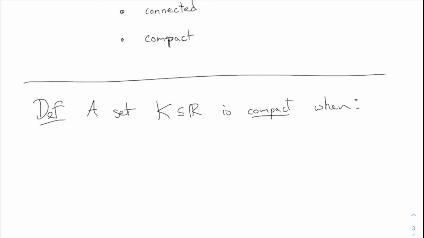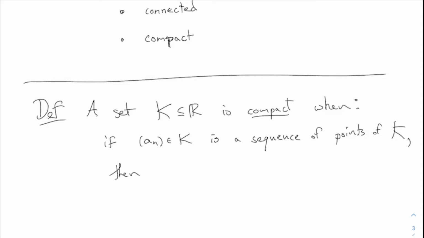when it's about sequences. If a_n is a sequence of points of K, so you imagine any sequence of points taken from your set, then basically I want to say it converges to something in K, although you can't actually say that.